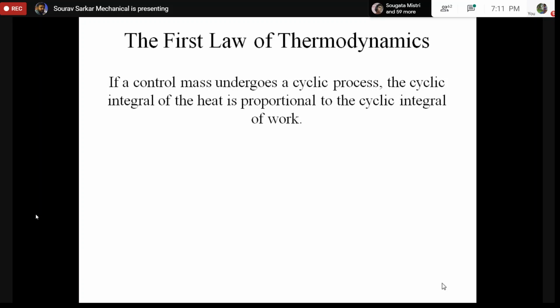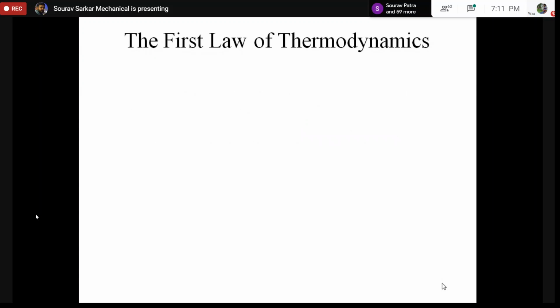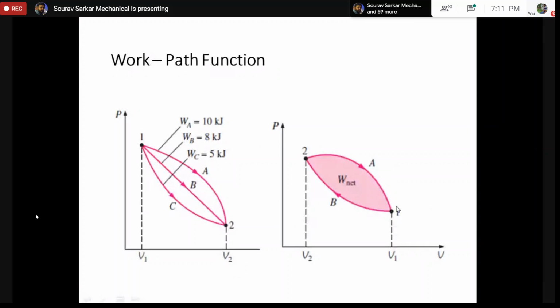I have already discussed what a cyclic process is. In a cyclic process you start from some point, pass through some intermediate points, and after that come back to the initial state.